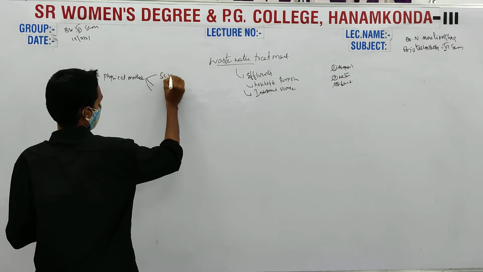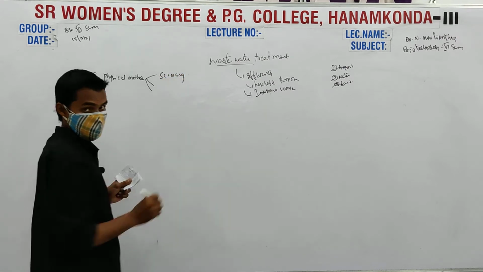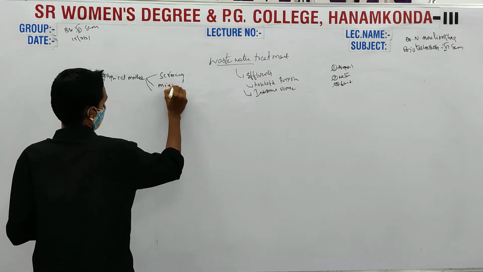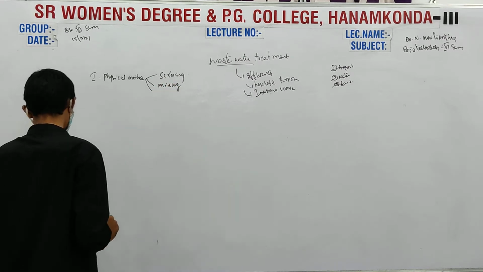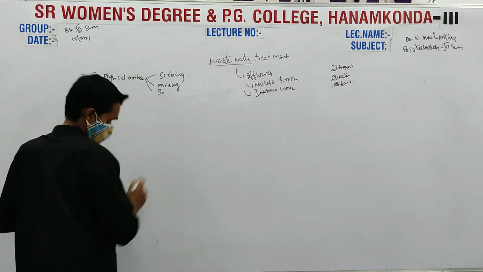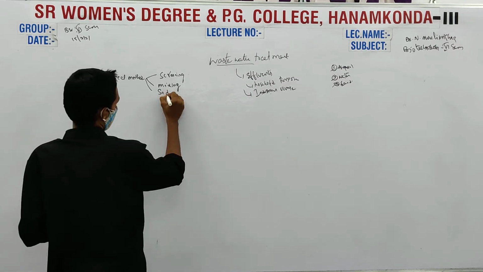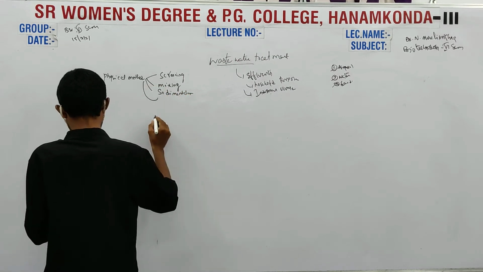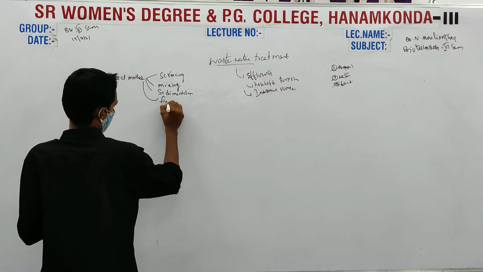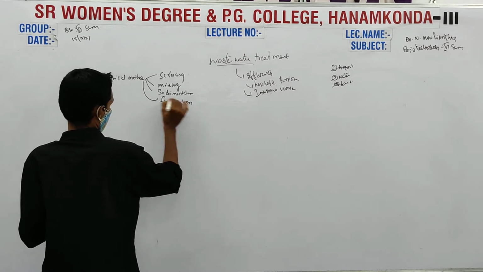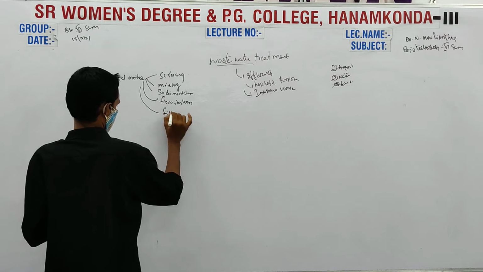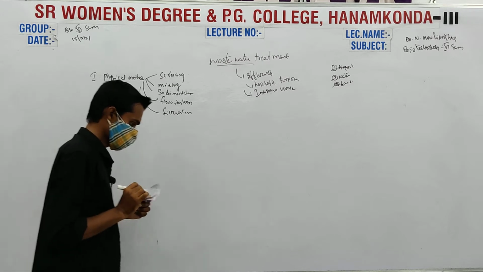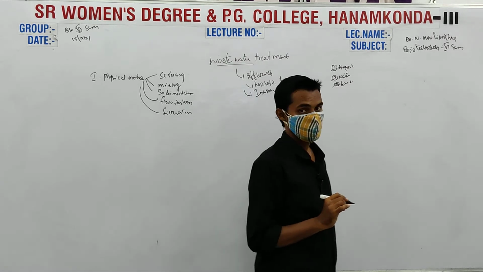In the physical method we have screening, mixing, sedimentation, flocculation and filtration. These are the different physical methods that are adapted to treat the wastewater.